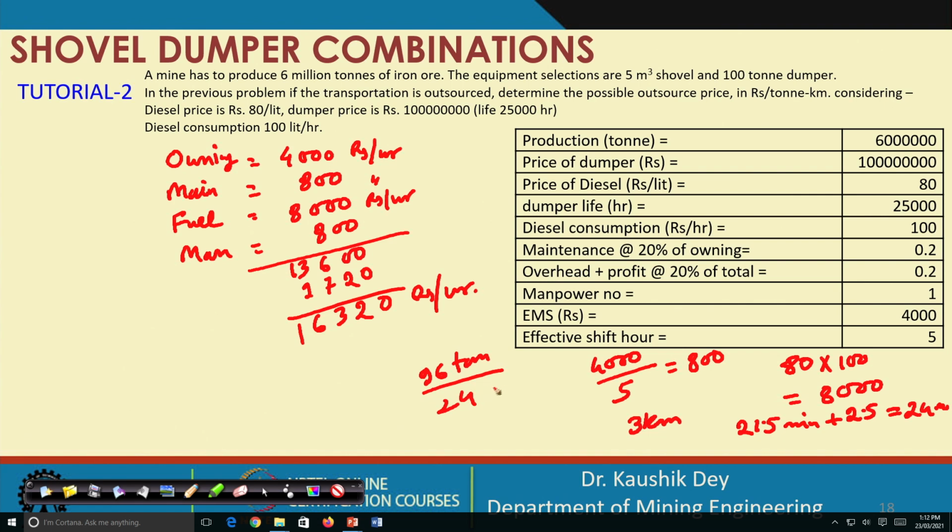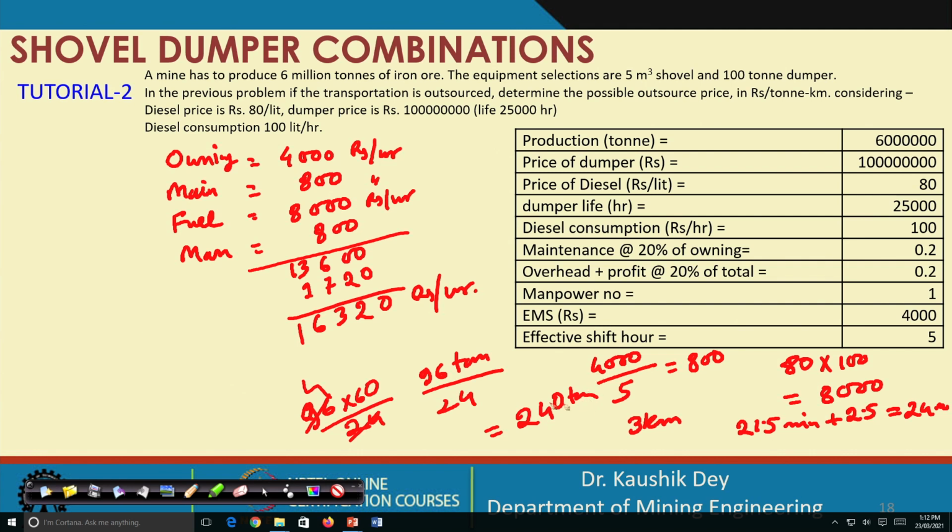So, in 1 hour it is handling 96 into 60 by 24, that means 4 trips. So, 240 tons of material can be handled per hour by the dumper.